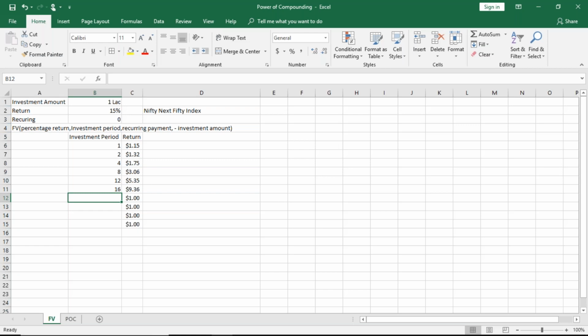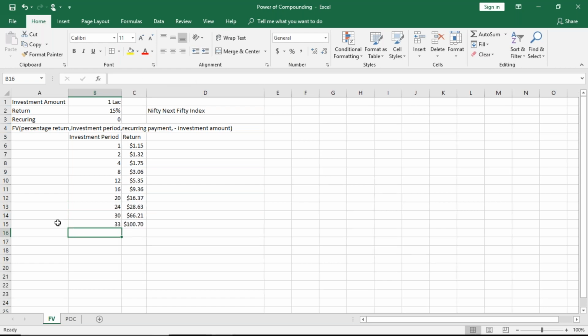If I keep the amount for 20 years, it becomes 16 lakhs. For 24 years, it becomes 28 lakhs. For 30 years, it becomes 66 lakhs. And for 33 years, it becomes, oh, I'm sorry, 1 crore, right?